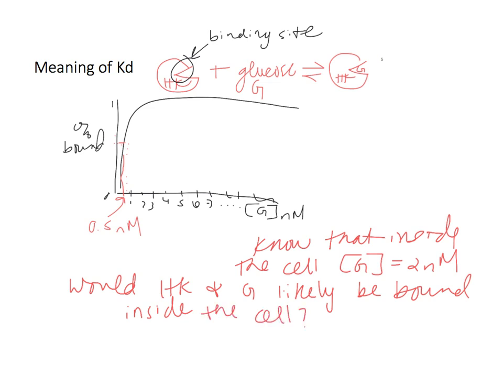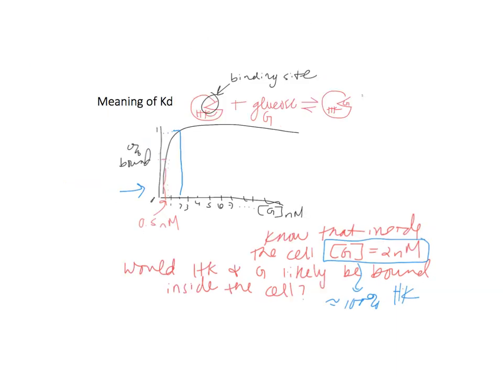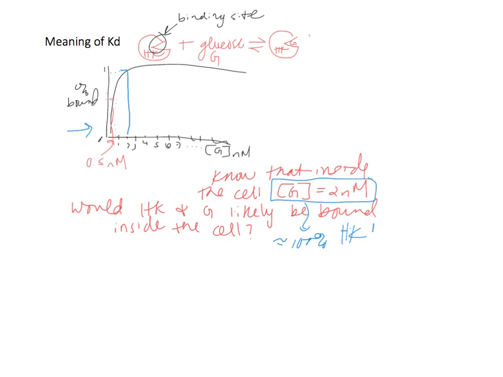Okay, so here's how you figure that out. I know that inside the cell, the glucose concentration is 2 nanomolar. I have determined experimentally that my KD is 0.5 nanomolar. So at 2 nanomolar, it looks like I've got almost 100% of HK bound to glucose.